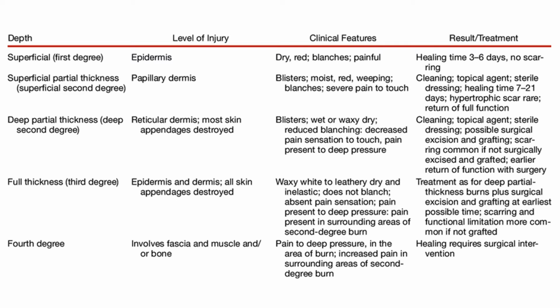So we do want to probably start to apply some topical agents to this. May need a sterile dressing applied. Healing time's a little bit higher, 7 to 21 days. Could possibly be scarring. Typically, the patient will return to normal function.